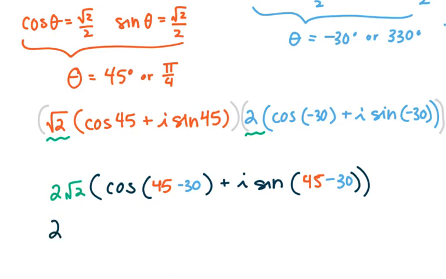And that is going to, of course, give us 2 root 2 cosine of 15 plus i sine of 15.